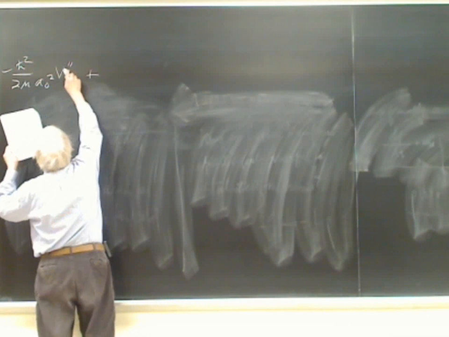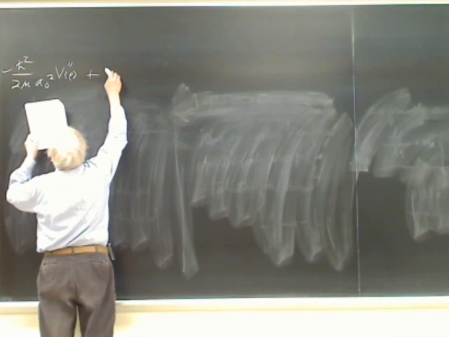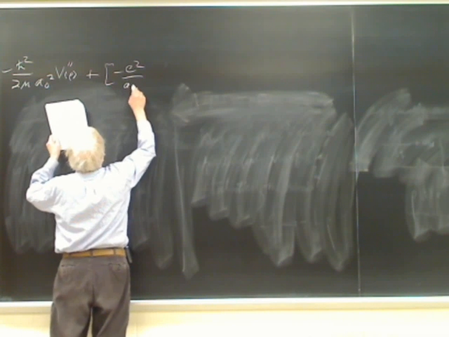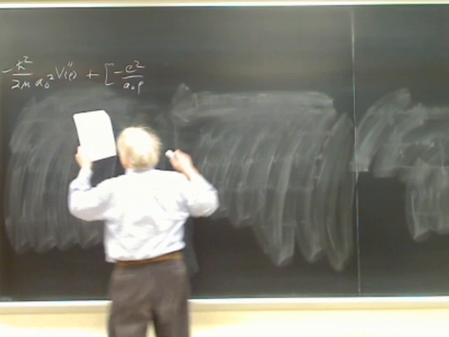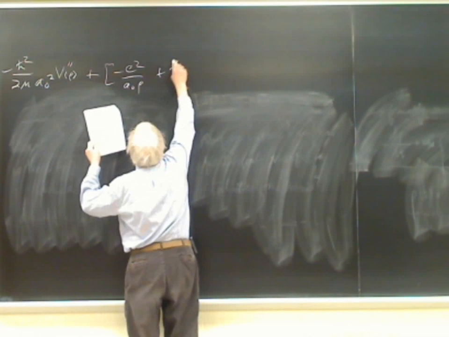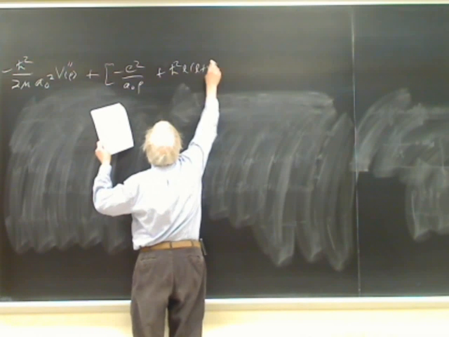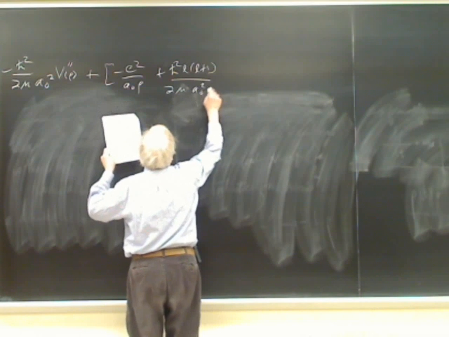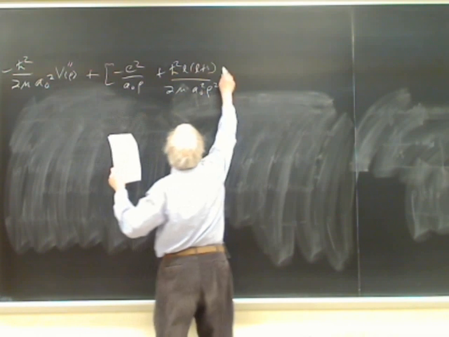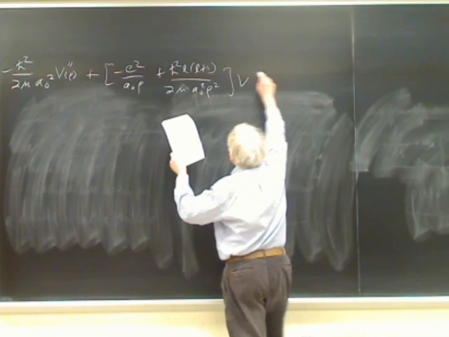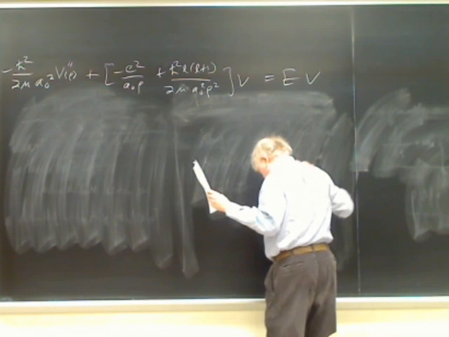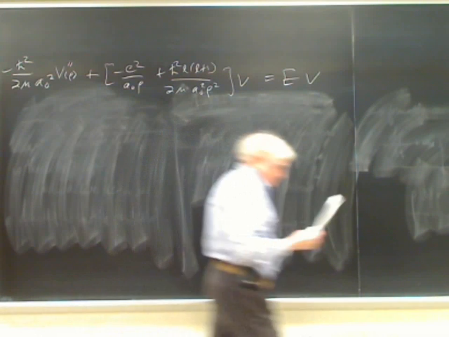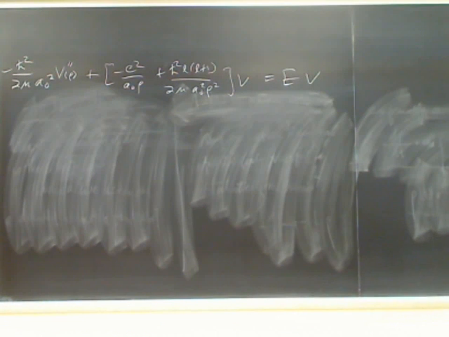Plus, and this is v double prime of rho, minus e squared over a0 rho, that's what r is. And then h bar squared l(l+1) over 2 mu, and r squared is a0 squared rho squared, v equals E v. Okay. So that's the equation, and now we get to cancel a lot of these constants.